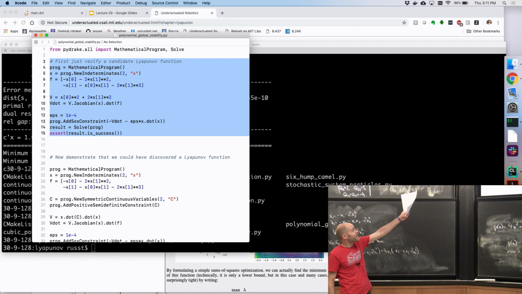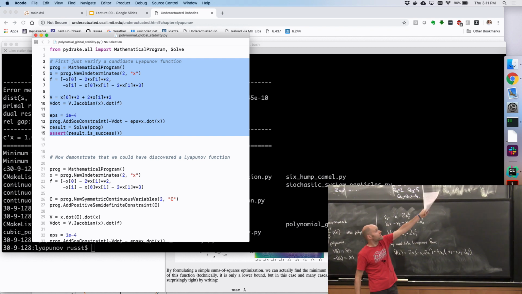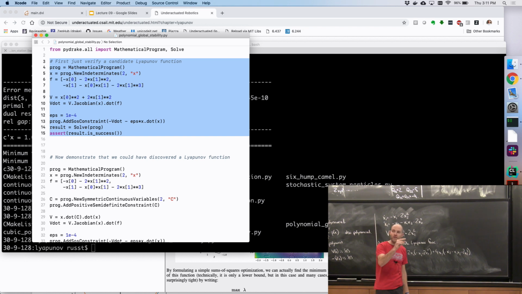That method, prog.add_SOS constraint, is making new decision variables, q, right? Adding them to the program, adding the constraint that q is positive definite, adding equality constraints to make sure that it equals v dot, and those are the hidden decision variables that are being solved. And I could print those out if I wanted to. In fact, that method would return the decision variables in case you ever want them.